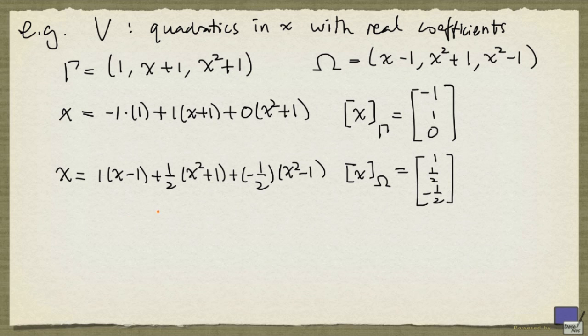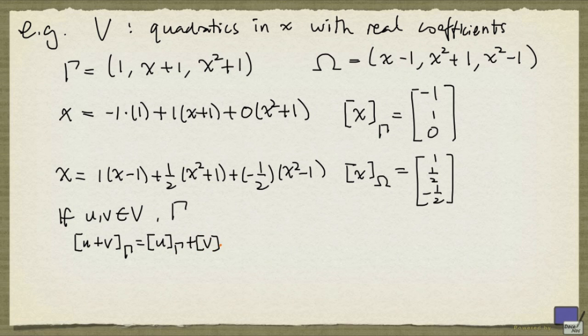The beauty of these tuple representations of vectors is that we can now work with tuples instead of the actual vectors. And that's because of the following properties. If u and v are vectors from V, and gamma is an ordered basis for V, one can check that the tuple representation of u plus v with respect to gamma is the same as the tuple representation of u plus the tuple representation of v.